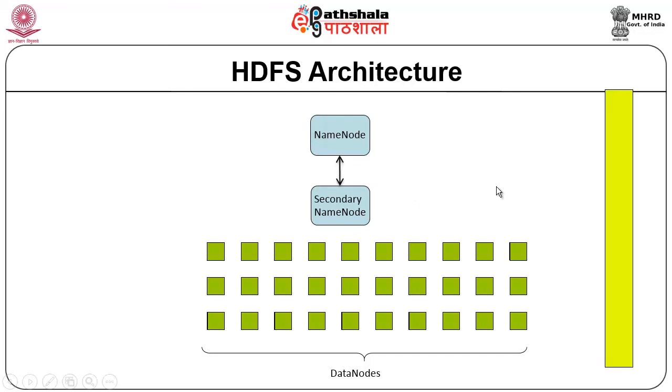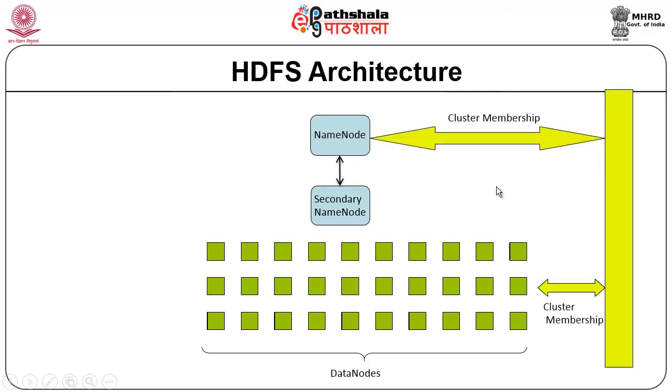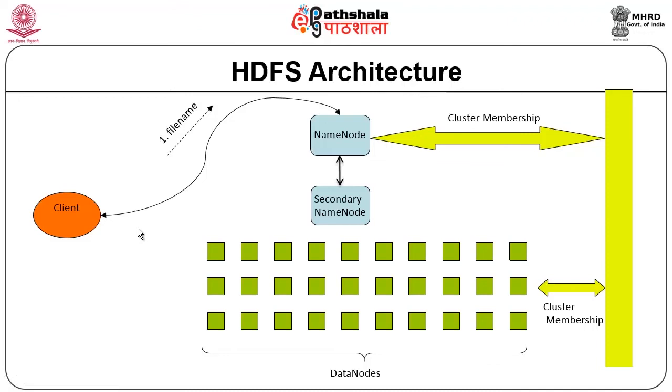So, both the name node and the data nodes will be part of the cluster management. When a client wants to read a file, the file is split into blocks and these blocks are only known to the name node in the metadata.